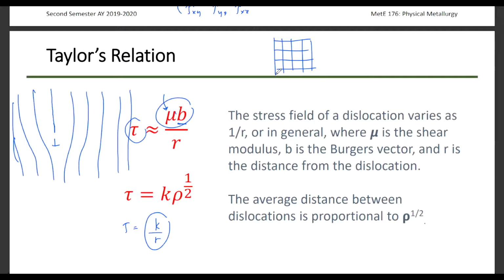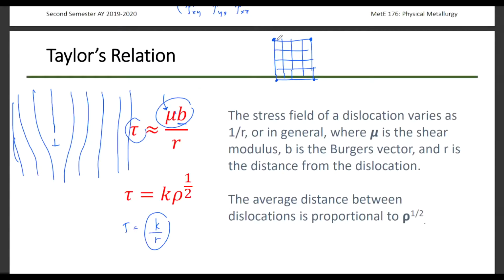So let's just say na this is the dislocation. This is one dislocation located here. Na meron kang another dislocation here and another dislocation there. Kunwari ganyan yung distances nila.